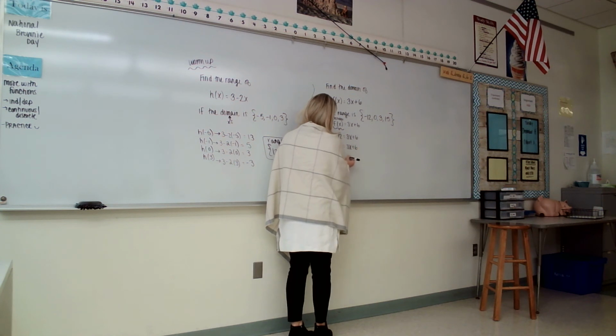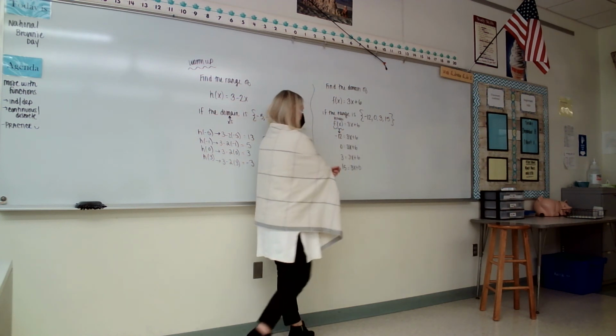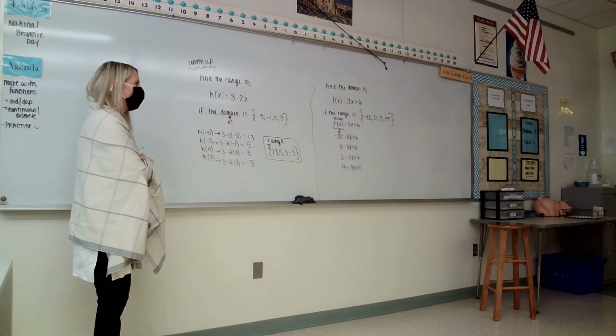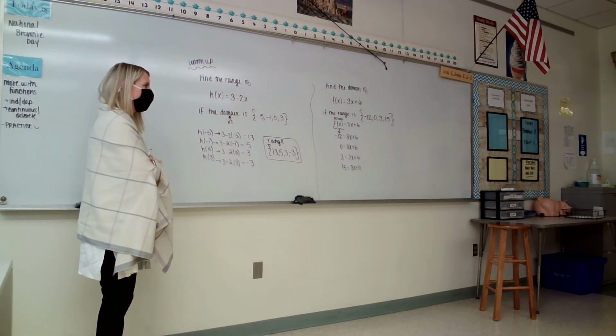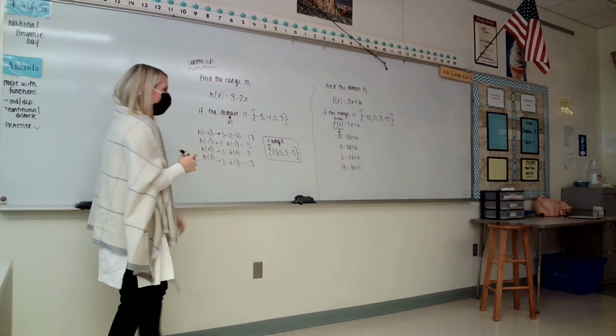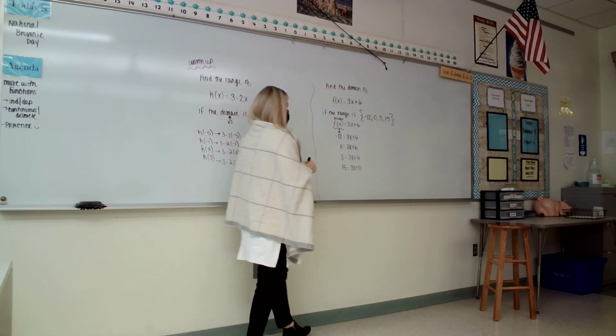When I say 3, and when I say 15, that means I know my outputs, I know my range, but I'm trying to figure out what I plugged in to get those. So in these, you have to do a little bit of solving. They're just quick little two-step equations, they shouldn't be too bad.